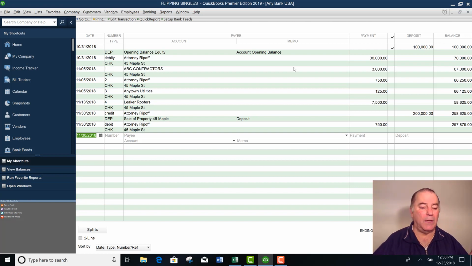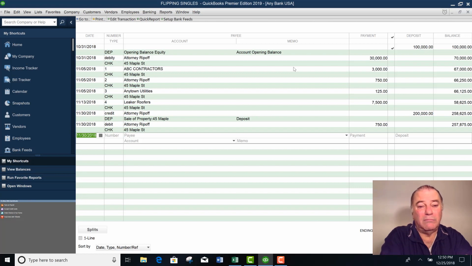All right, so a little bit confusing maybe, and I think earlier I said that this is not as difficult as the apartment setup, but it depends on how many classes you want to add to this, how much detail you want on each property. It's really up to you and how much you do in the course of a year, let's say. If you're doing 3, 4, 5 flips, personally, I would like to set it up so I know on each individual one what's going on.